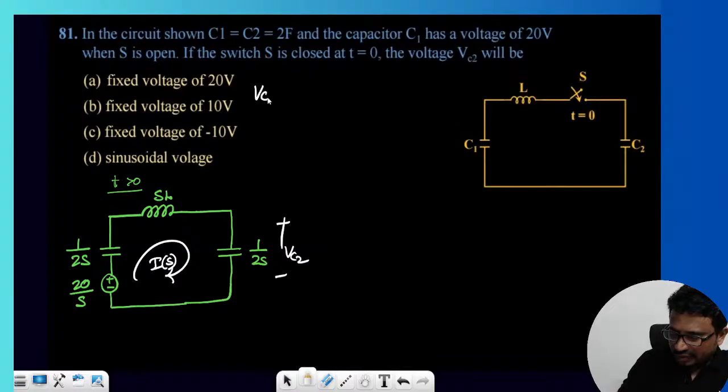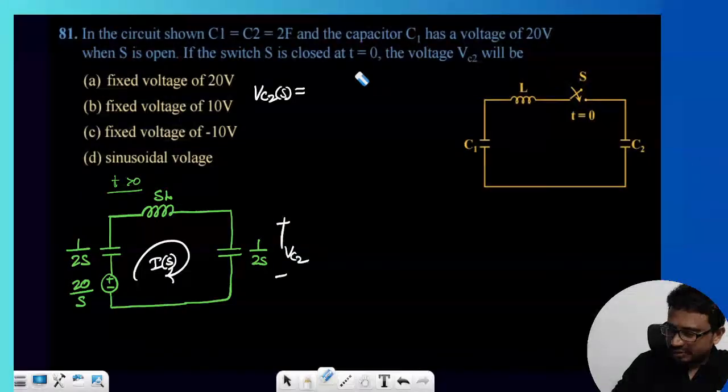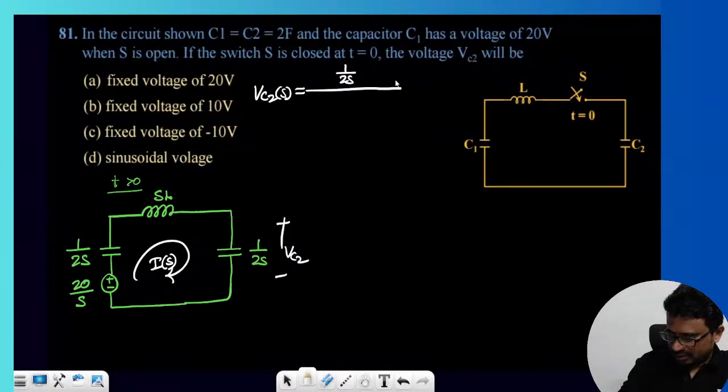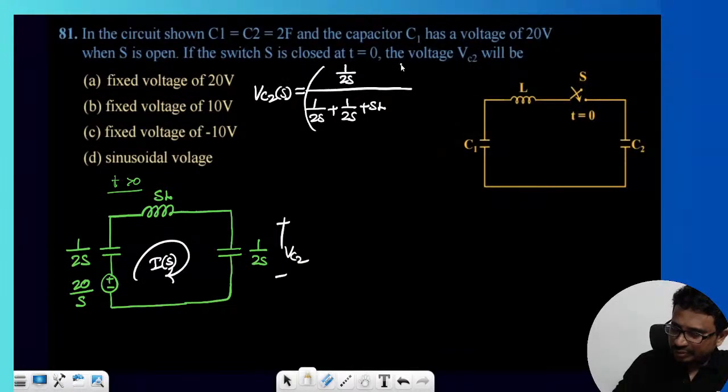So VC2 of s is 1 by 2s divided by 1 by 2s plus 1 by 2s plus SL, the inductance value not being given, times 20 by s.